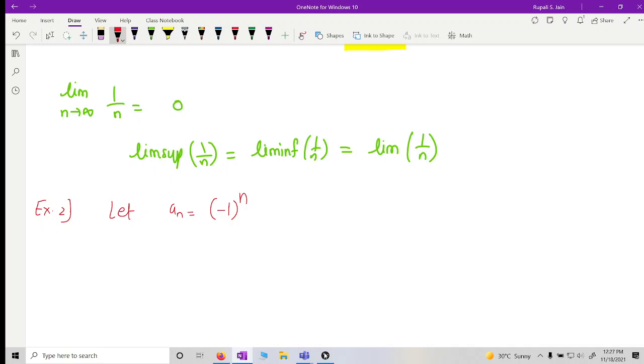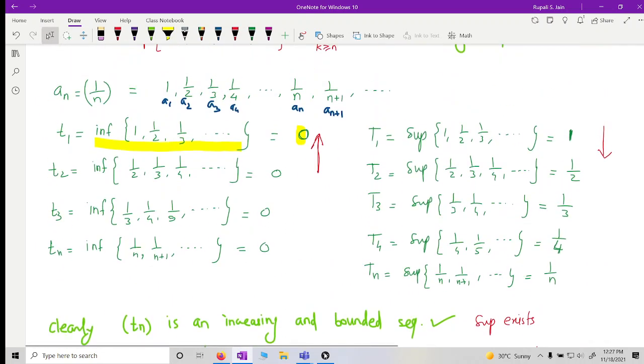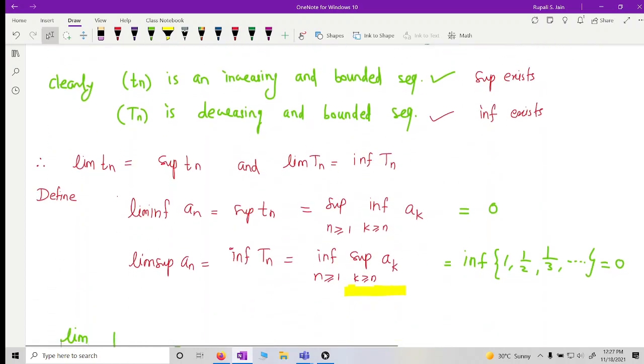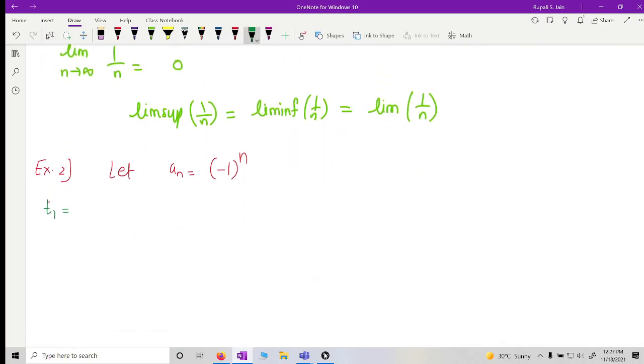So what is T1? What is small t1 for this? By definition, what is my definition? Infimum of A1, A2, A3 and so on, right? Is that okay? Infimum of A1, A2 and so on. What is A1, A2 for this?